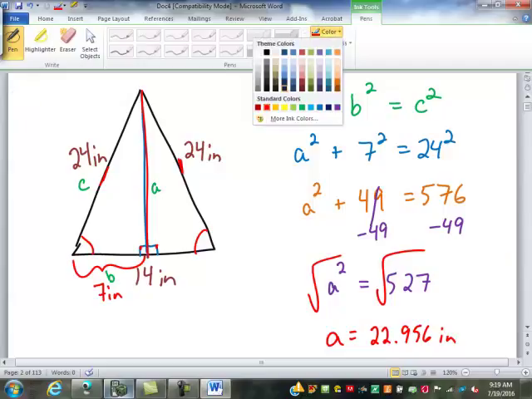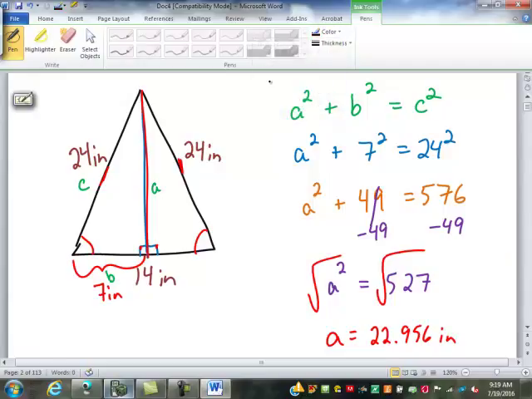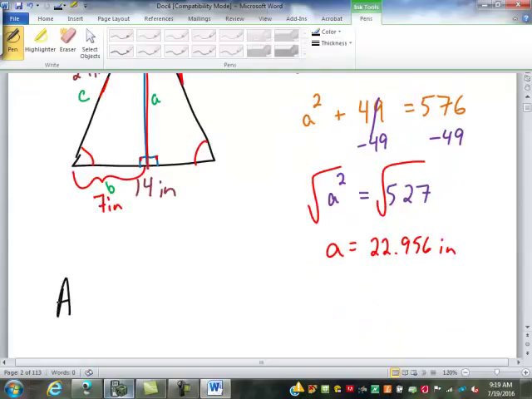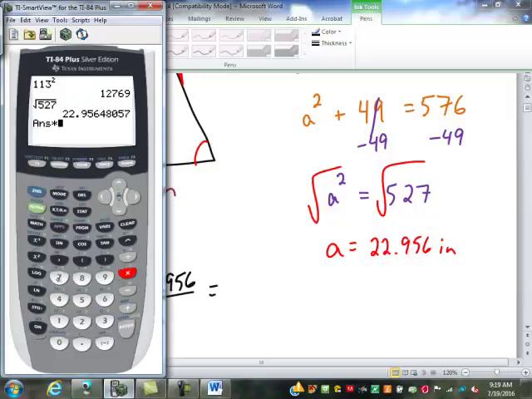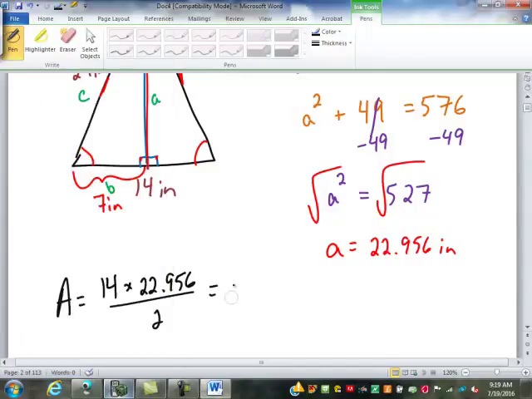So that means the area of this would be the base of 14 times the height of 22.956 divided by 2 because it is a triangle, which comes out to be 160.695. And that is going to be inches squared.